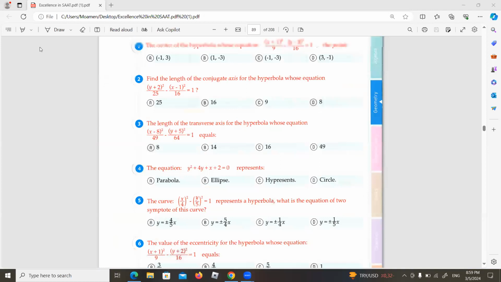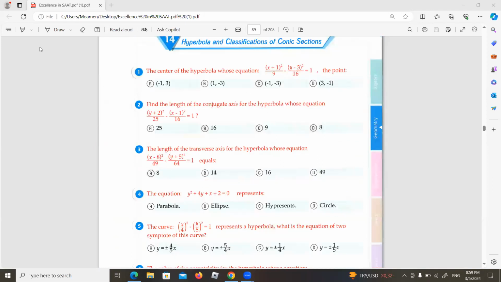First, we will talk about the first problem. The center of a hyperbola whose equation is (x plus 1) squared over 9 minus (y minus 3) squared over 16 is equal to 1. As we said, the center is the value of h and k.